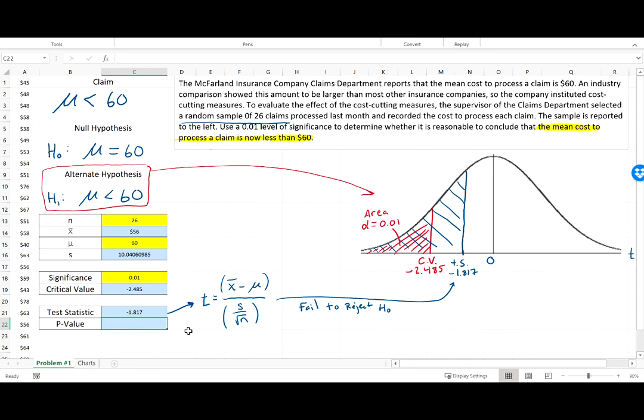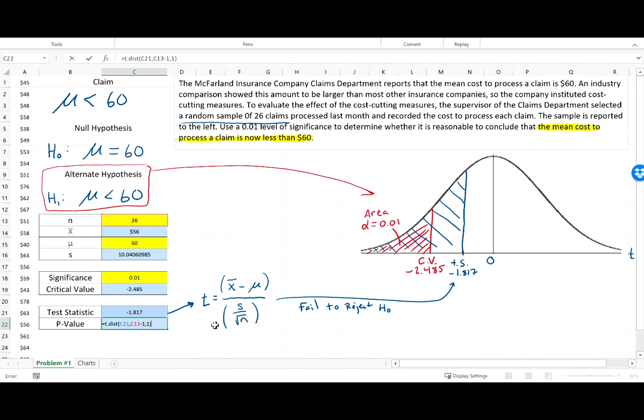So we'll use the other t distribution function, equal T.DIST for t distribution. Our x value is the test statistic, or what Excel is calling an x value, if we know it's a t value. The degrees of freedom, we know that's n minus 1. So there's n. We could subtract 1 from that, n minus 1. And cumulative, for that final input, always use a 1.